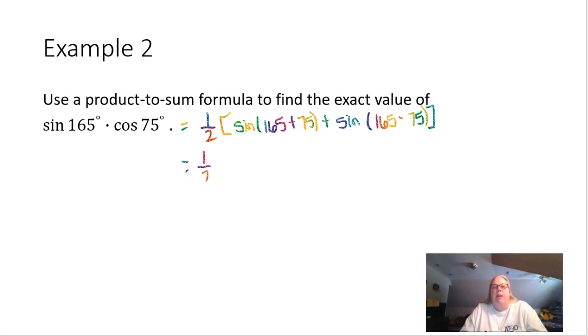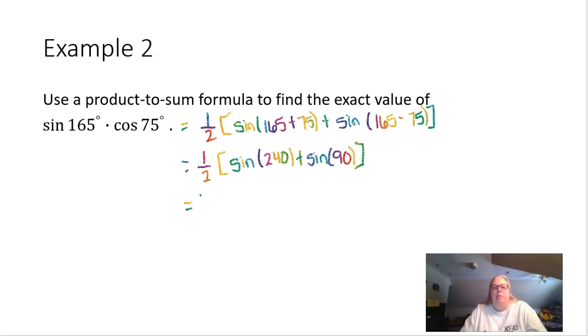We can simplify this because we can actually add those angles together. So we have 1/2 of the sine of 240, 165 plus 75, plus the sine of 90. That's 165 minus 75.